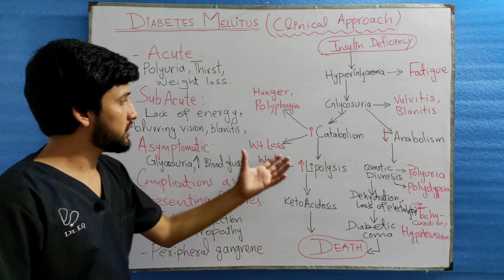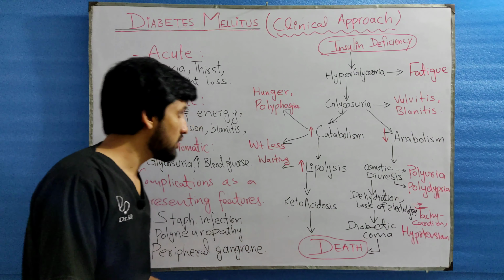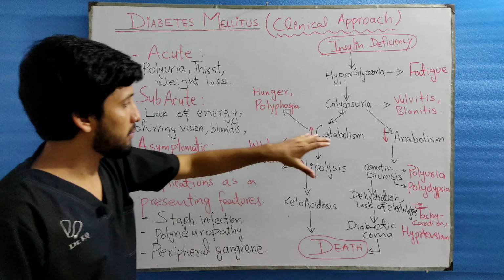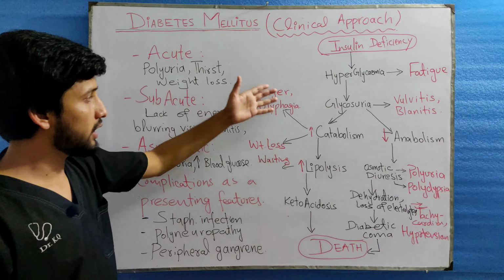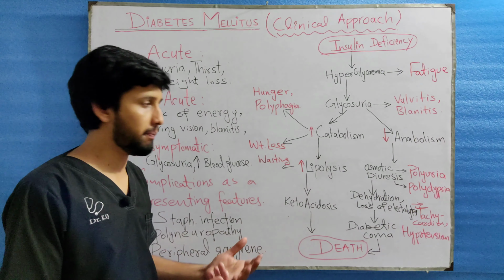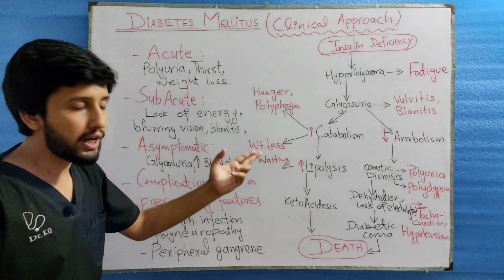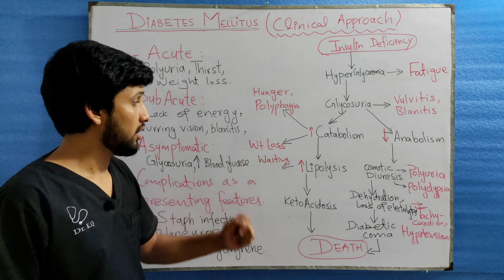As we know, catabolism is the process in which large molecules are broken down into smaller ones. So this increased catabolism will lead to hunger and polyphagia, which are the symptoms we see in the diabetic patient. This increased catabolism is also leading to weight loss of the patient.